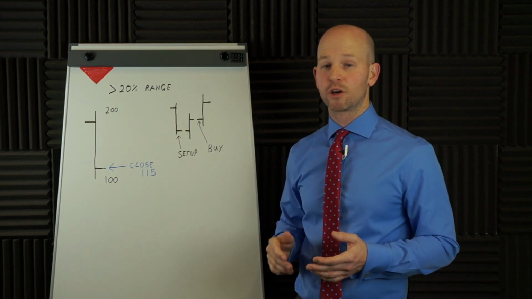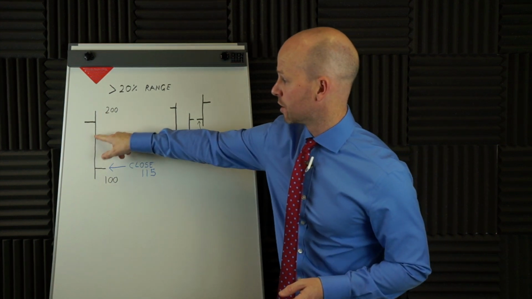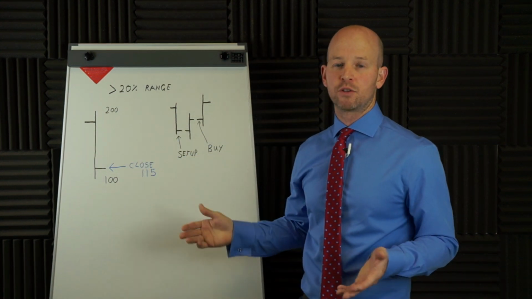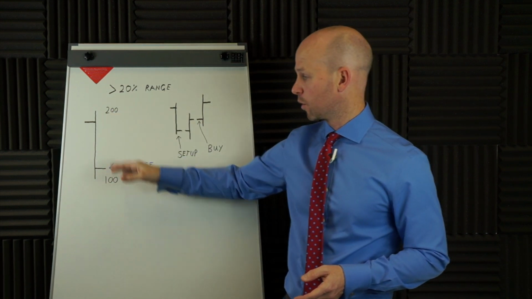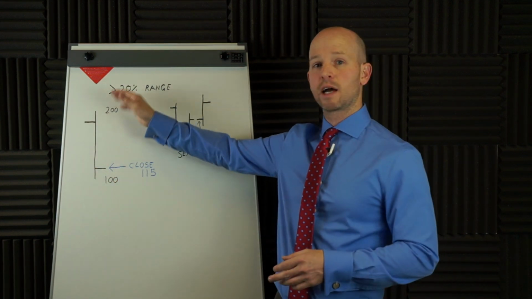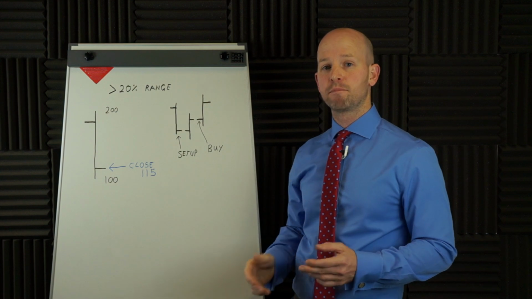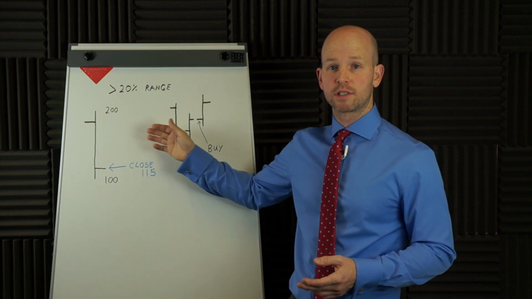However, you are going to get a good idea just by eyeballing the chart. If you see a close that's midway, you know that that's not going to be either a short sell setup or a buy setup. So the minute you see something that looks in the lower 20% or looks in the upper 20%, then maybe break out the calculator and work out, are we in that range to take the setup?